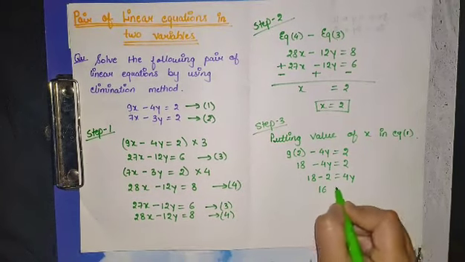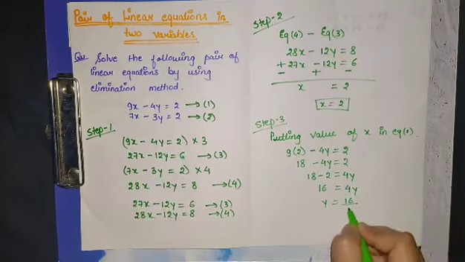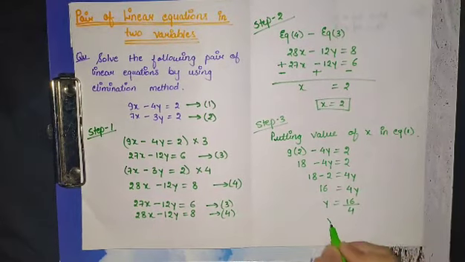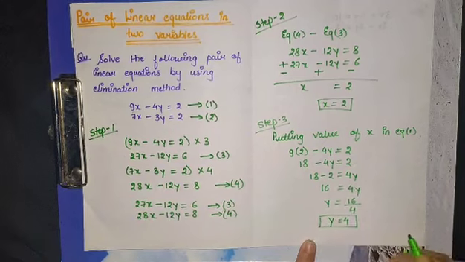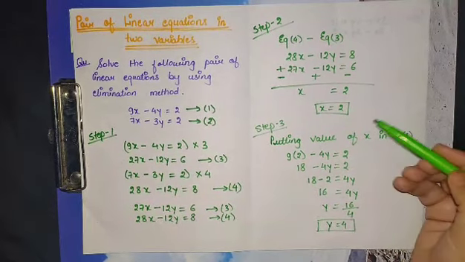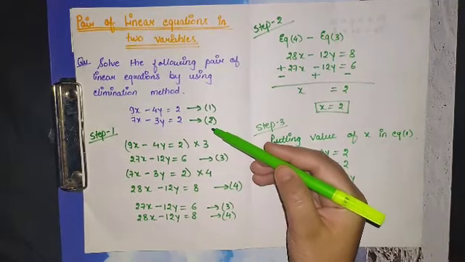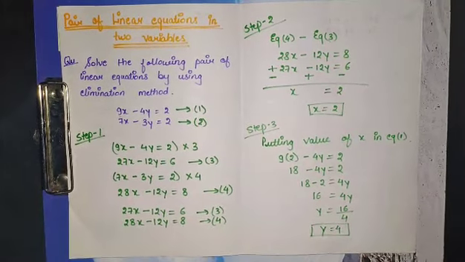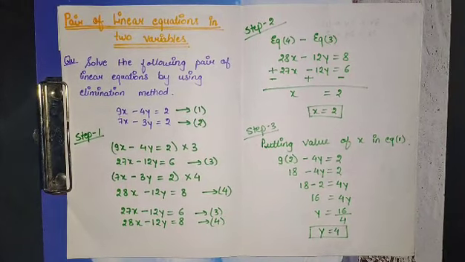So 16 equal 4y and y equal 16 upon 4, that is y equal 4. Now you can verify your answer by putting value of x and y into equation first or equation second. This is it for this particular question. Let's solve one more question for further clarification.